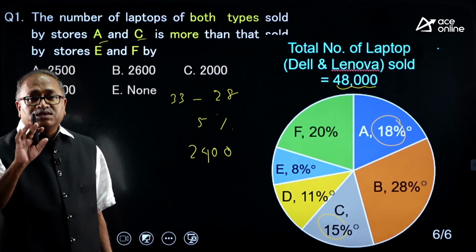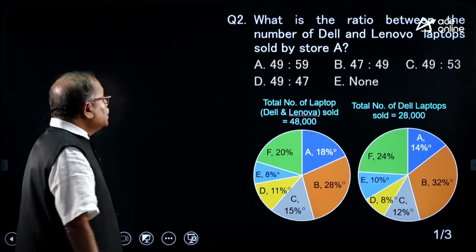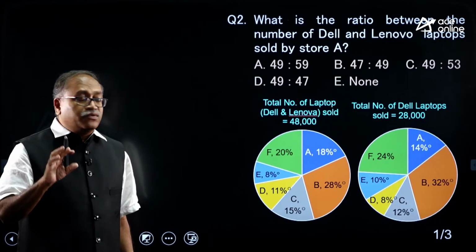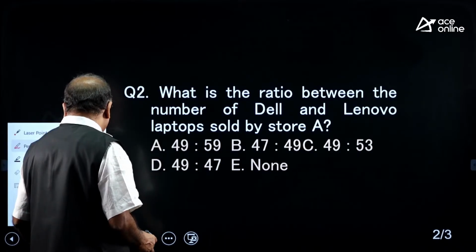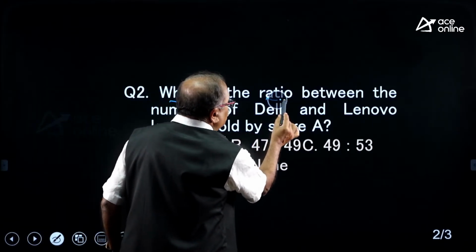Let us move on to the second question, and your second question is this. What is this question? We will read the question first. What is the ratio?